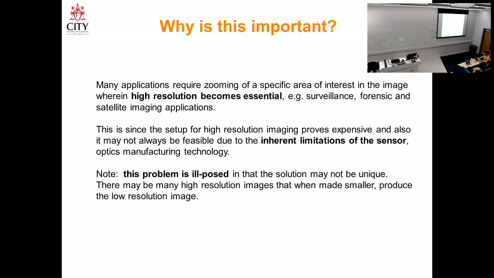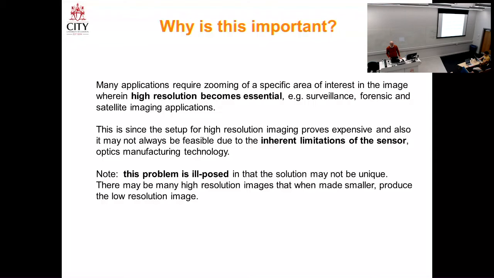Okay, this is an important problem because often you really want high resolution detail, but you don't have it. So this comes up in things like surveillance, forensics, satellite imaging. And you could just buy a better camera and use a high-res camera, but sometimes that's not an option. So here what we're trying to do is overcome the inherent limitations of the sensor.